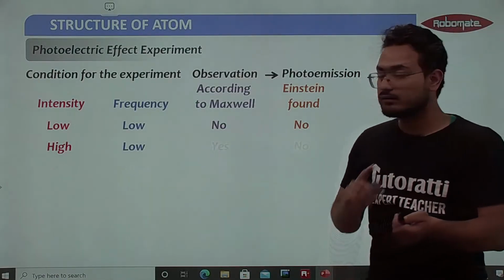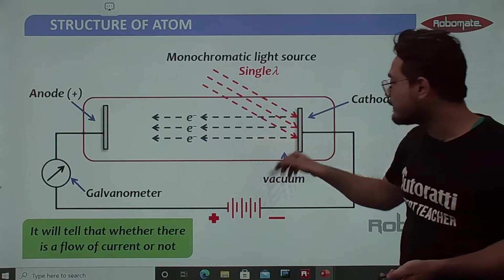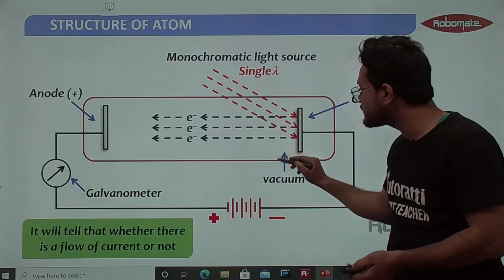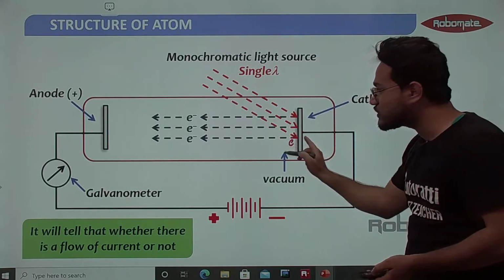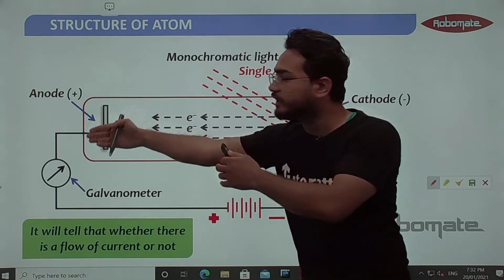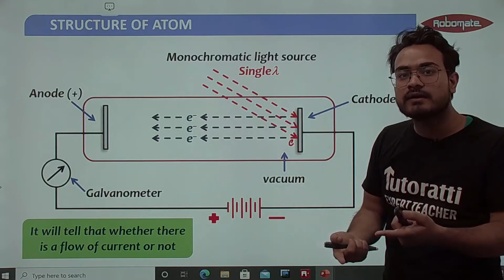But if you use it in the experiment, if you have provided just the same energy, just equal to work function, electron will just come out and it will be attracted towards the anode, because in this case you are applying the electric field.